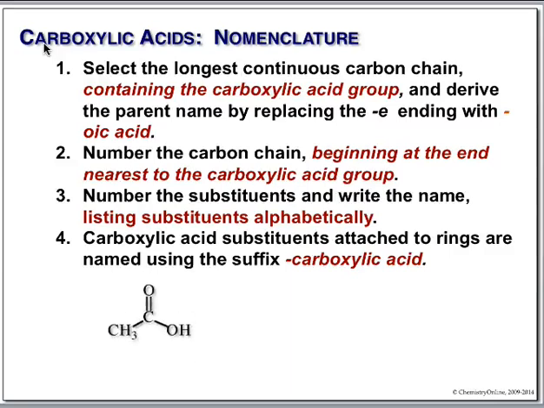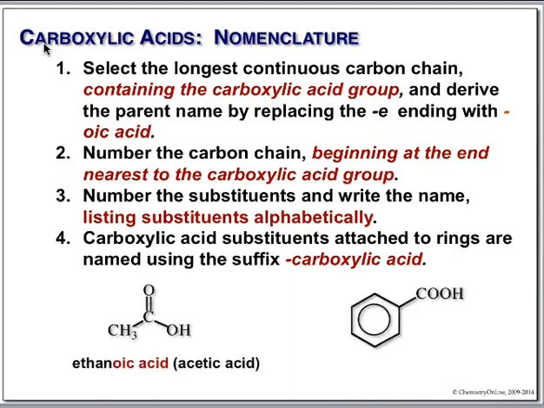This we all know is acetic acid, the acidic component of vinegar. We have 2 carbons, so it's a derivative of ethane, isn't it? We're going to drop the E, put an oic acid on, and we will call this ethanoic acid. Eth, 2 carbons, and fully saturated, oic acid, it's a carboxylic acid. This, of course, is benzoic acid. We've used it many times.